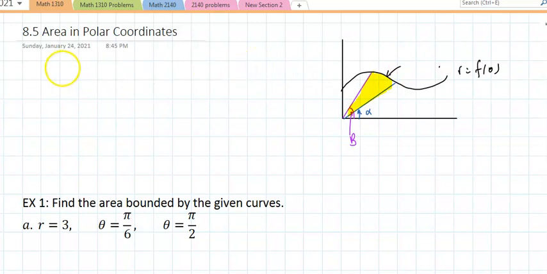So that reminds us of the area of a sector from polar coordinates, if you recall.